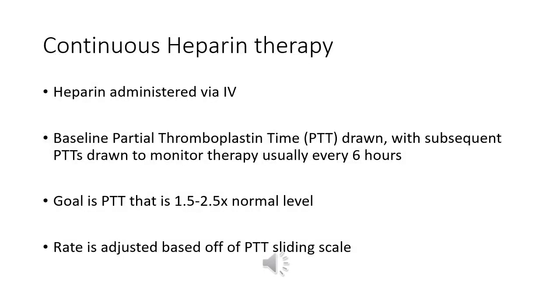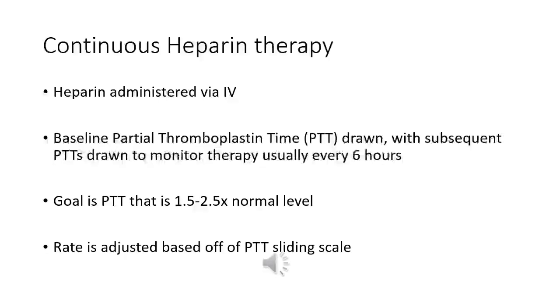Every time we draw that new PTT level, so every 6 hours, as the nurse, we will need to evaluate whether the rate needs to be changed or not. And if it does need to be changed, we are the ones who will change the rate. So we're constantly monitoring and constantly adjusting.